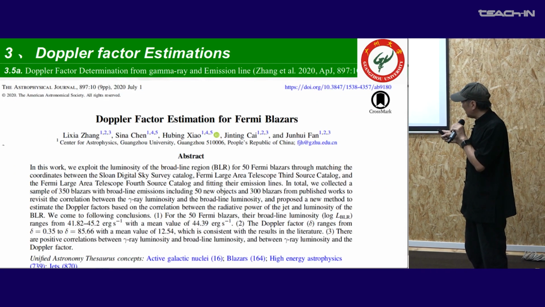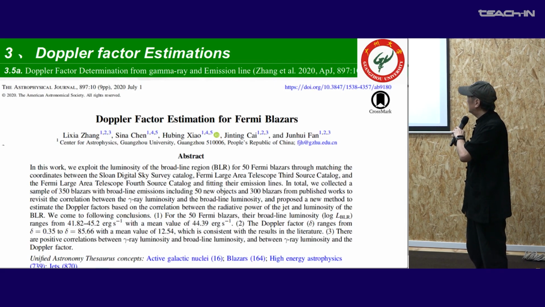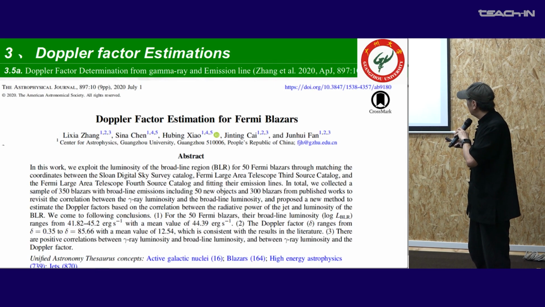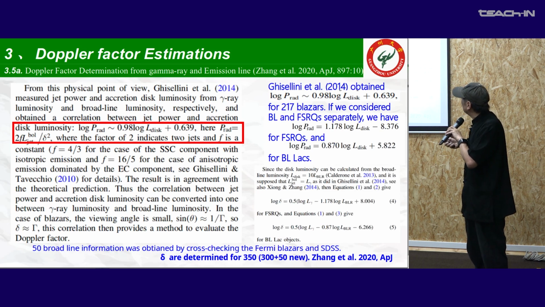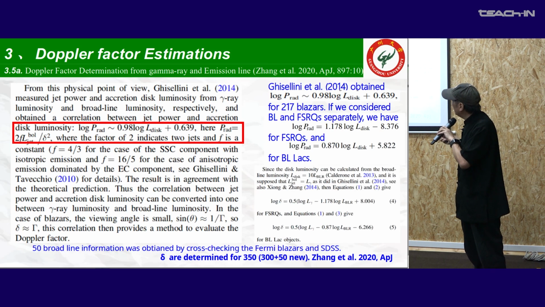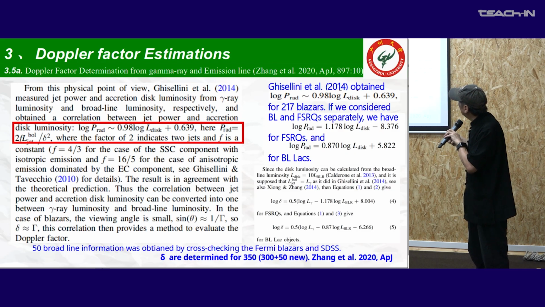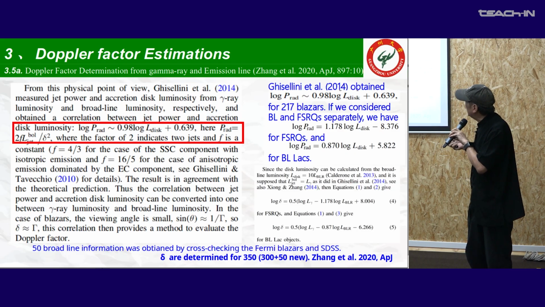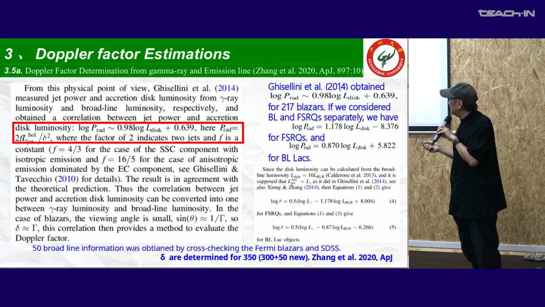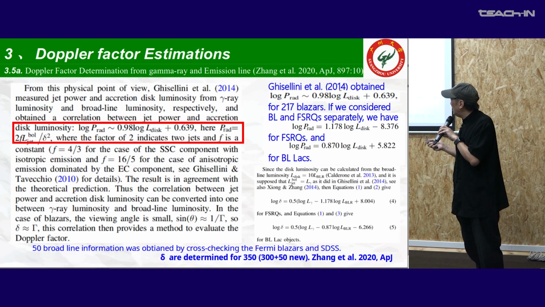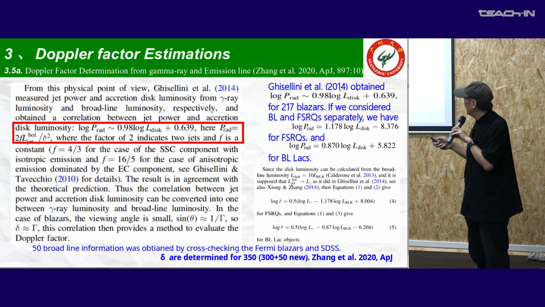So we have another method to calculate the estimated Doppler factor. This is based on the work by Junhui. They obtained that the radiation power is correlated with the disk luminosity. That means the jet is correlated with accretion. In this way, they obtained this result.